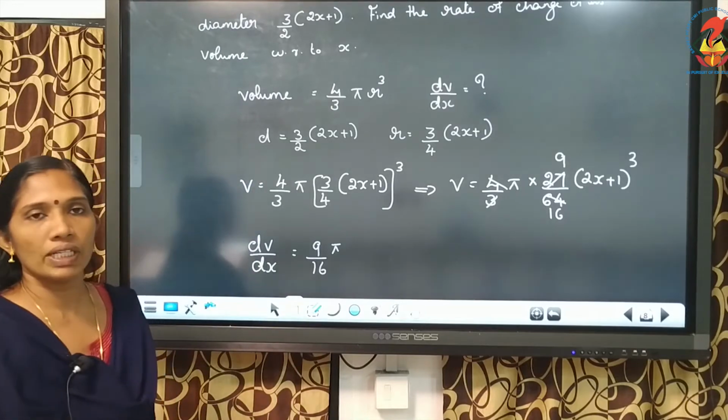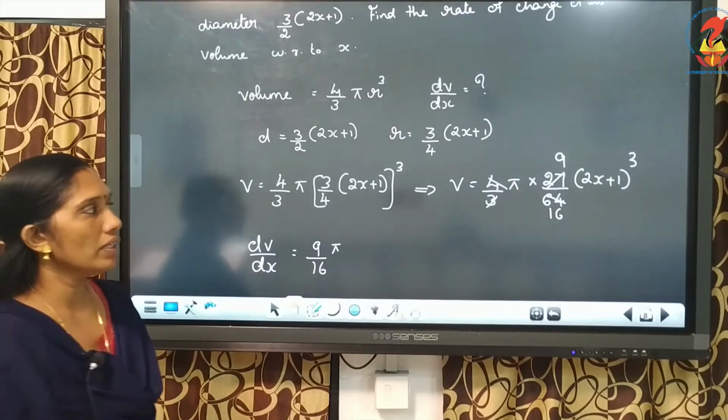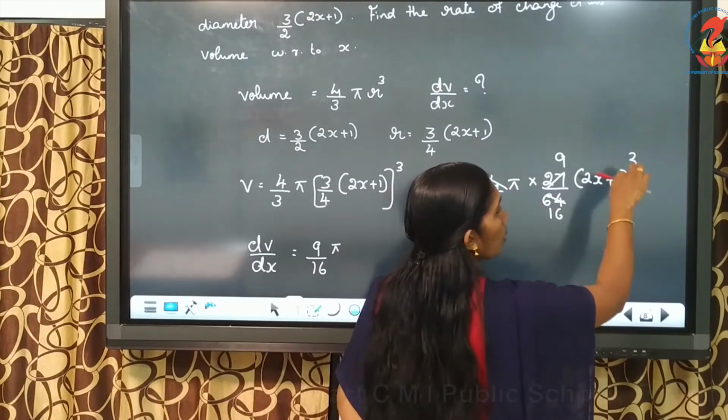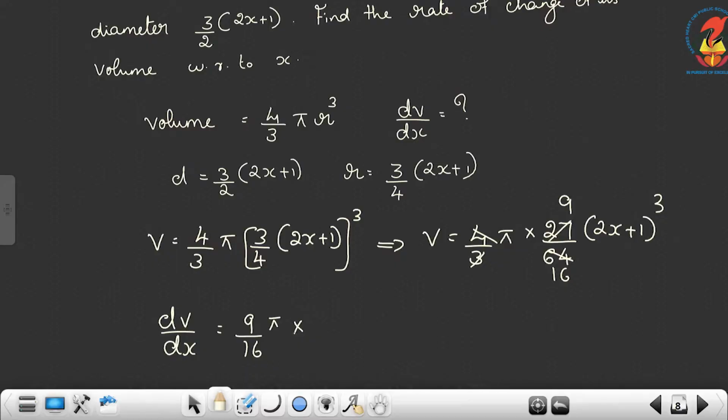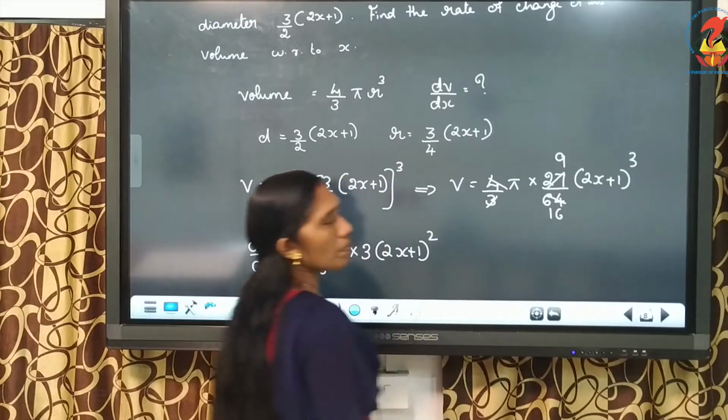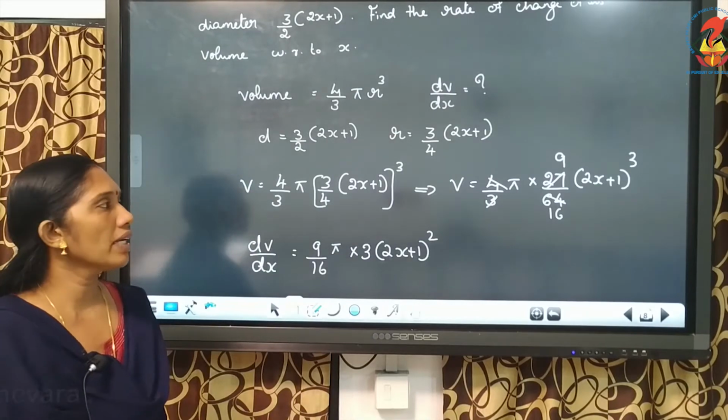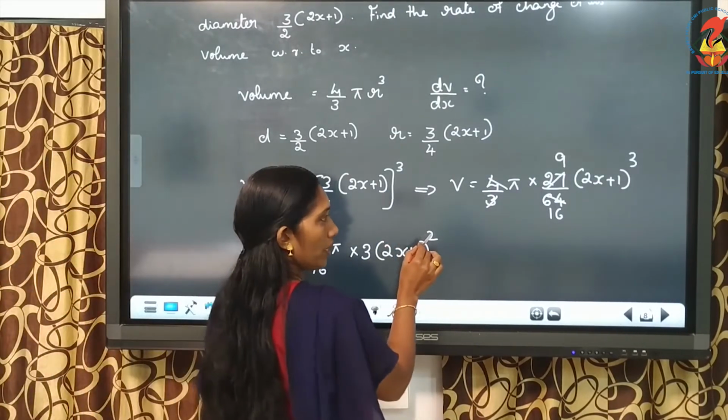Now what is the derivative of (2x + 1) whole cube? It is 3 into (2x + 1) whole square, just like the derivative of x cube is 3x square.